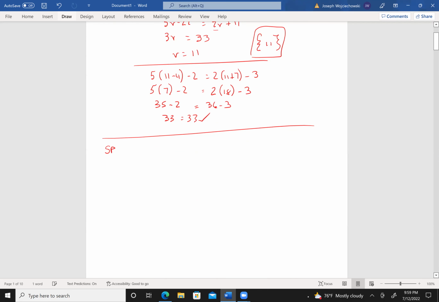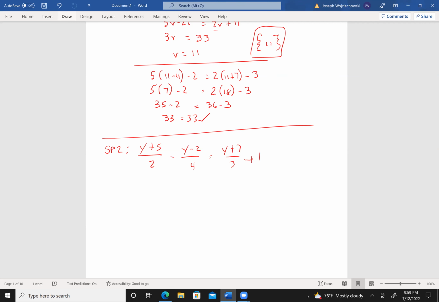So let's see what we have on skill practice 2. Now we have a fraction. We have rational expressions to a degree. Y plus 5 over 2 minus y minus 2 over 4 equals y plus 7 over 3 plus 1.